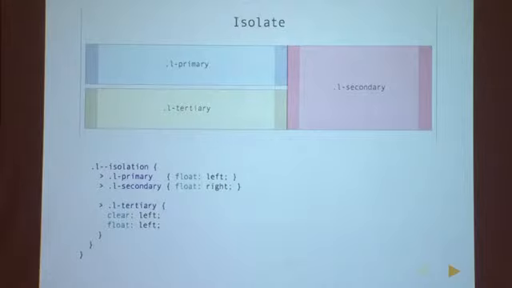So that clears the primary element, but not the secondary, and allows that secondary content to flow down further. I think this is a shortfall of Singularity. It's not very easy to do this. Both ZenGrids and Susy allow you to easily choose which direction you want to float things. And this is how we were able to do that Colorado Public Radio sidebar with the margins that flowed down.